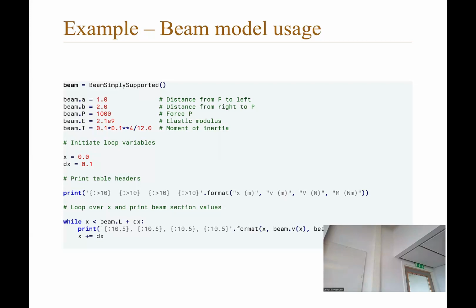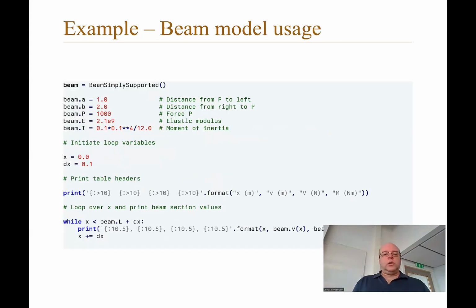So I create a simply supported beam model or beam. I can set some properties here on the model. I can loop over this here to print out the different section values for the beam, print them out in a table like this. So this is a non-user interface version of my model.